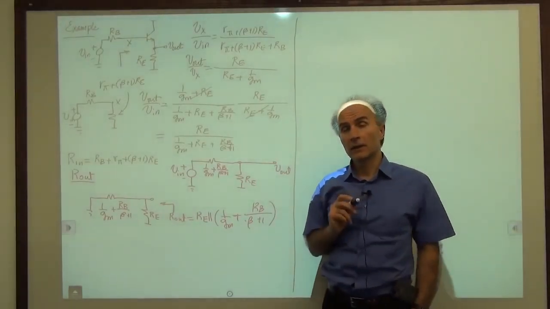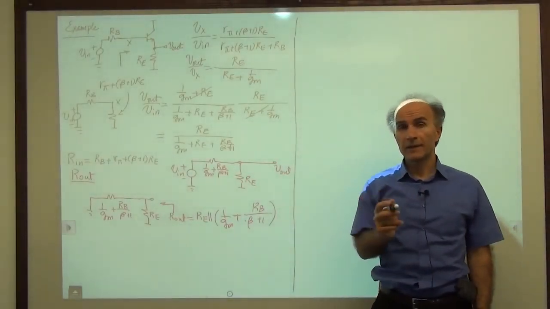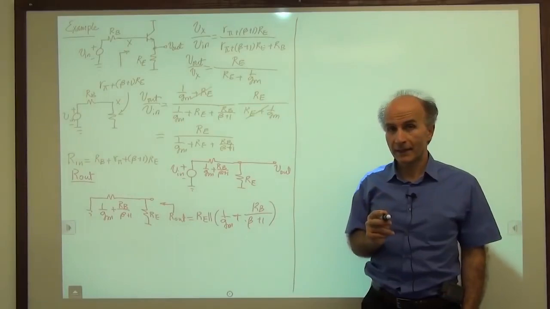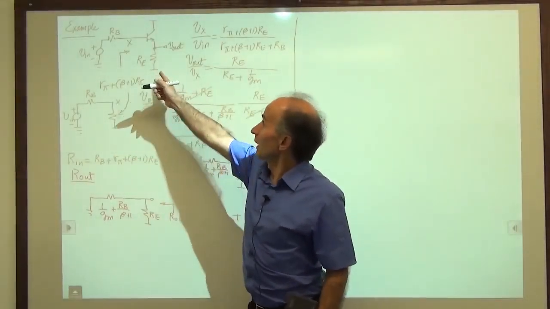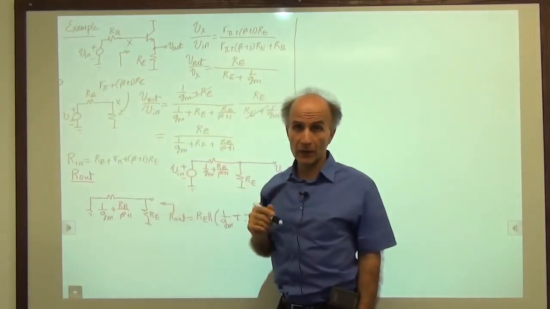This is a fascinating result because it is somewhat similar to the output resistance that we found earlier for an emitter follower when Rb was not there, when Rb was 0.